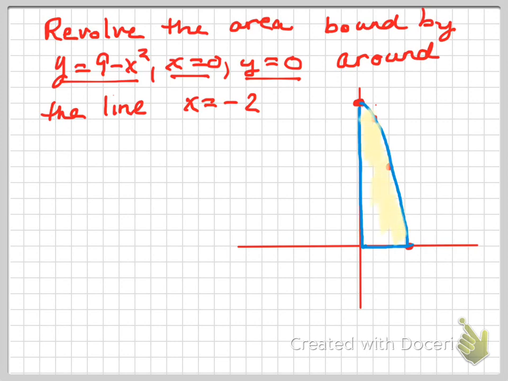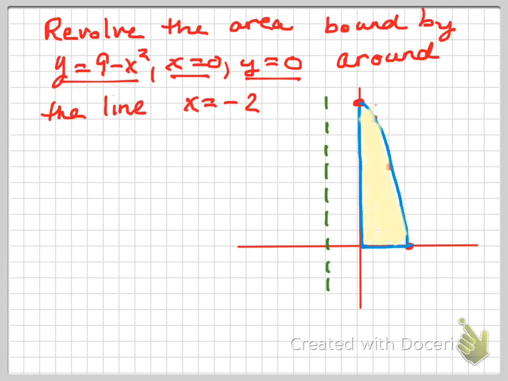And now it wants me to take this area and revolve it around the line x equals -2. So they want me to revolve it around this line right here. And so you're going to take all of this region that's in yellow, and spin it around this green line to make a three-dimensional solid.